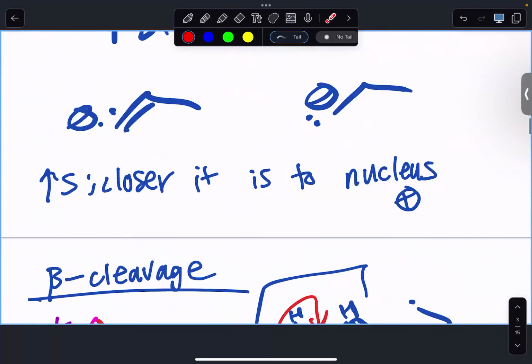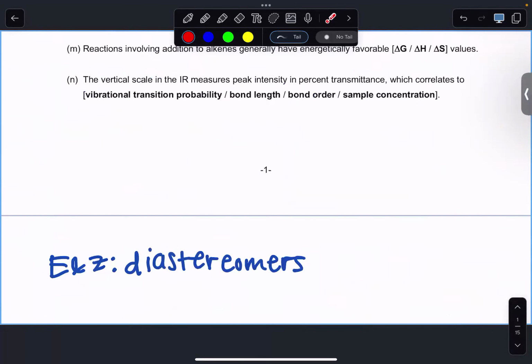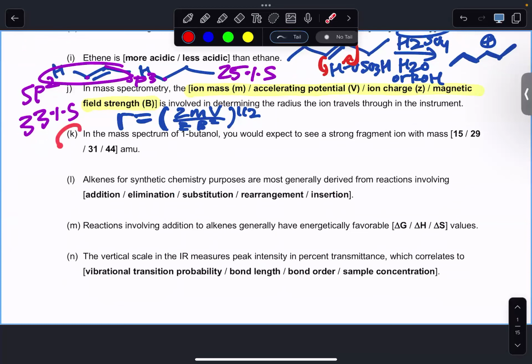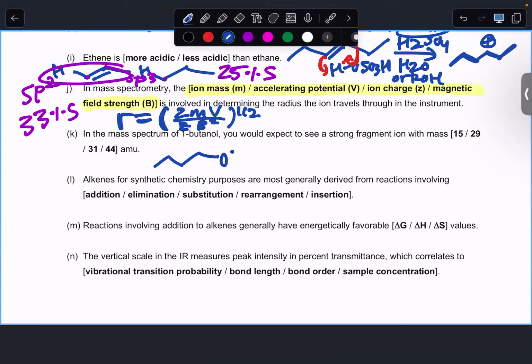Okay. So you guys try this next problem here. Right. So the first thing we do, draw out 1-butanol, 2, 4.